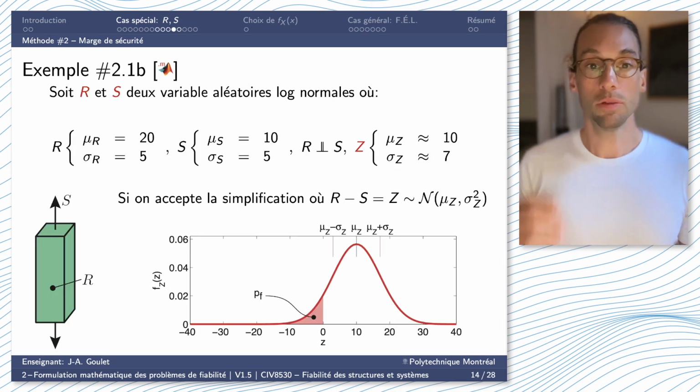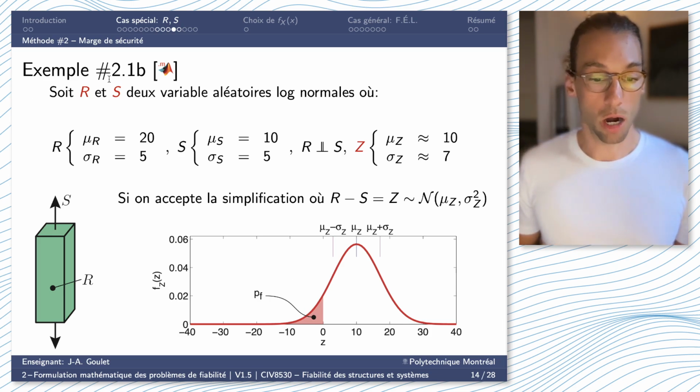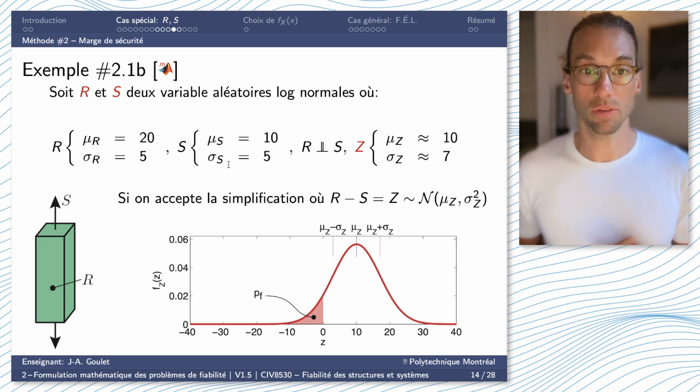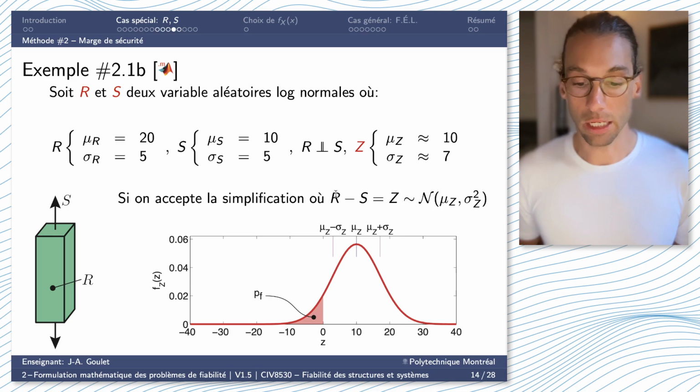Now let's review our initial example where both R and S are log normal random variables. We have the same mean and the same standard deviation as before, and both are statistically independent. If we compute mu z and sigma z, we obtain roughly 10 and 7. In that case, we assume the simplification that z equals R minus S is roughly a Gaussian.